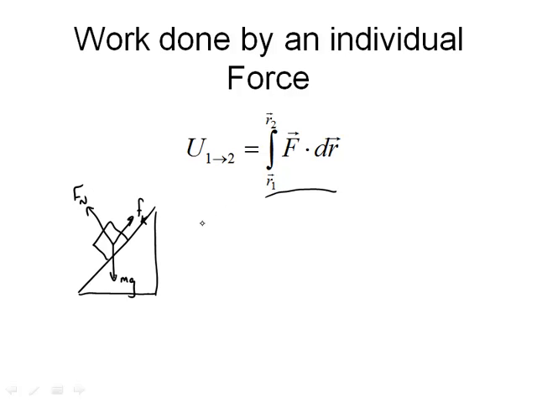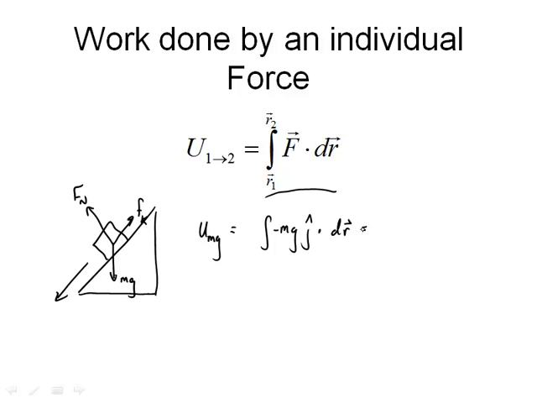So for example, looking at the work due to gravity, this would equal the integral of mg, which is strictly in the minus j direction, dotted with dr, and dr is going to be down the incline. But given the dot product, only the displacement in the j direction is of any importance because of the way the dot product works.